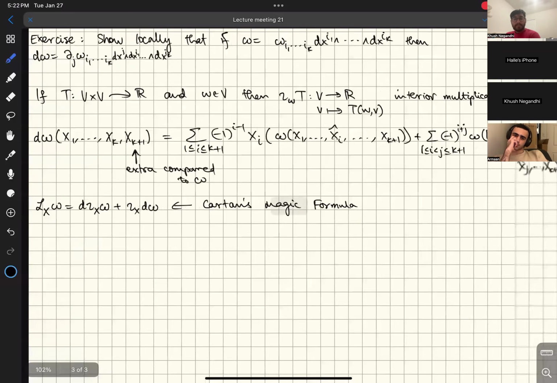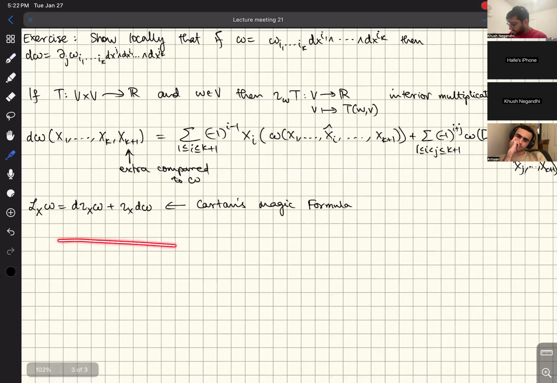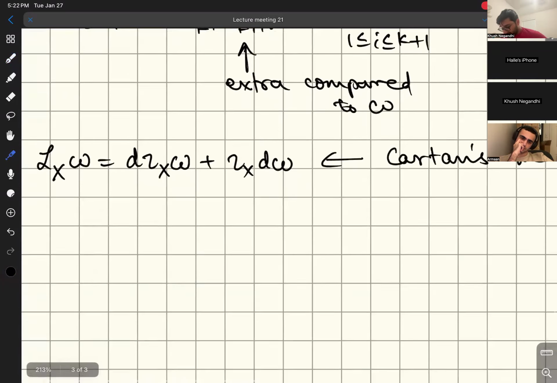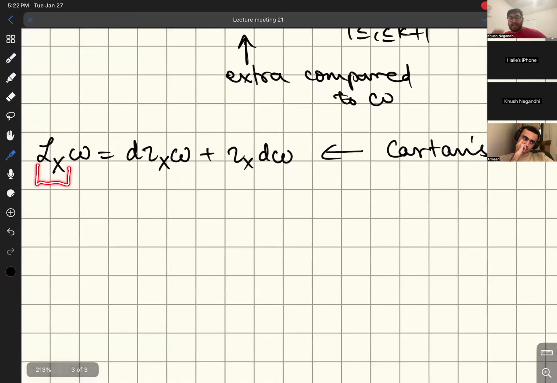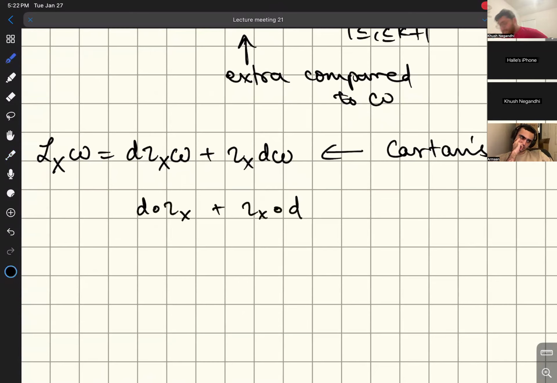Are we ever going to prove Cartan's magic formula? Yeah. I'll link you to a proof that I've given. Because again, the proof is you're using the fact that the Lie derivative is the unique map that does XYZ, and then you're showing that d composed with i_X plus i_X composed with d is also a map that does this.